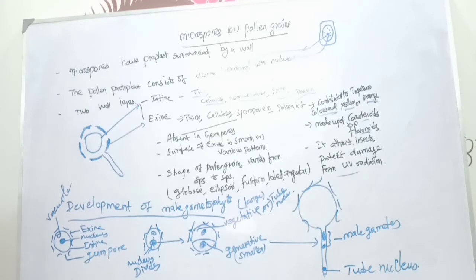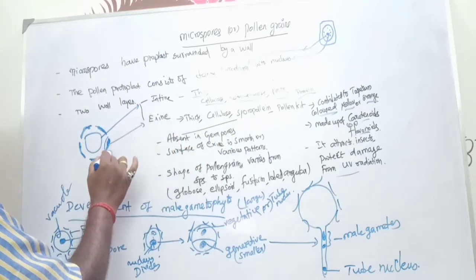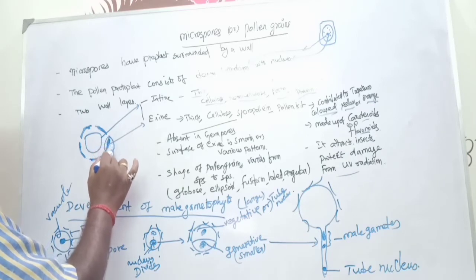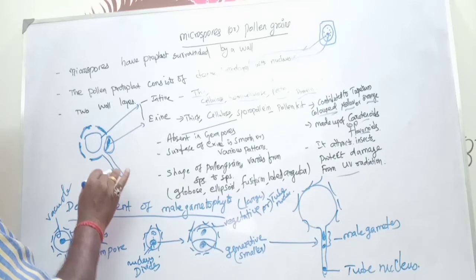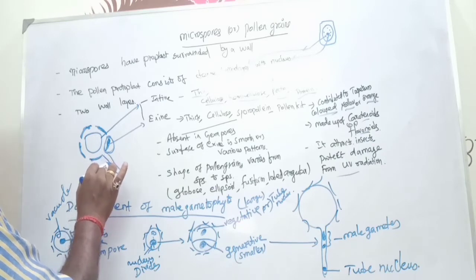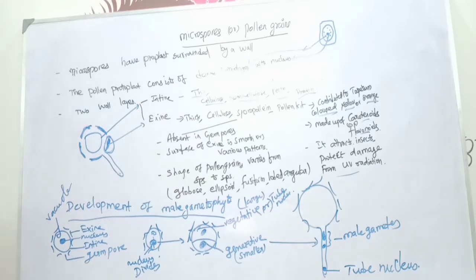So pollen kit and sporopollenin are present only in the exine area. The germ pore areas are interrupted. Okay.